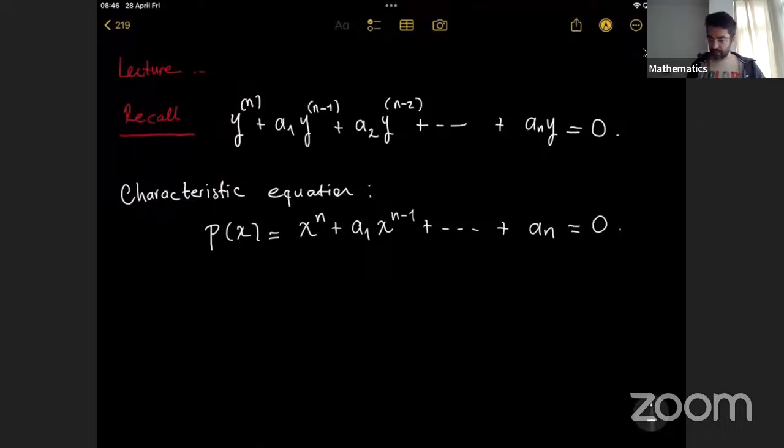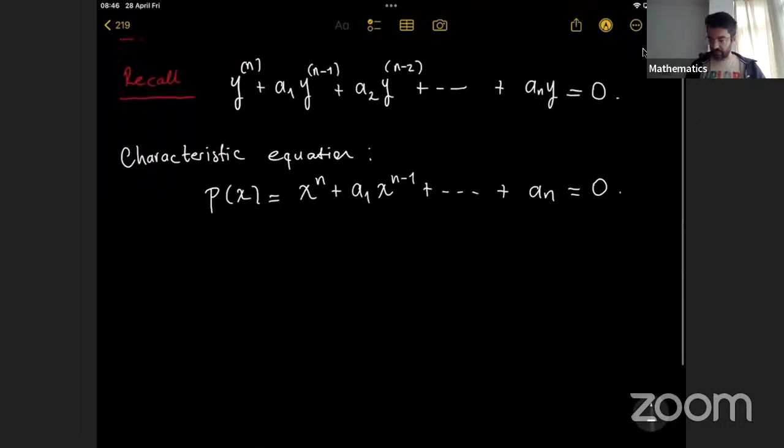Well, what we do is we find the roots of this equation. If the roots are distinct, then the solution is easy to write down.